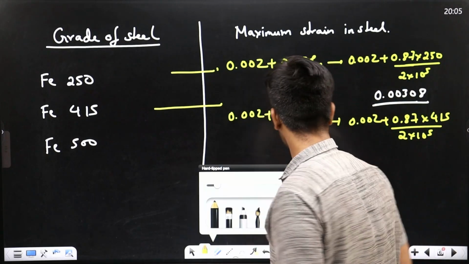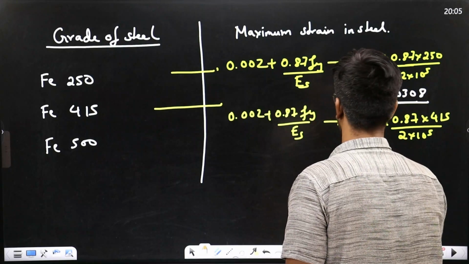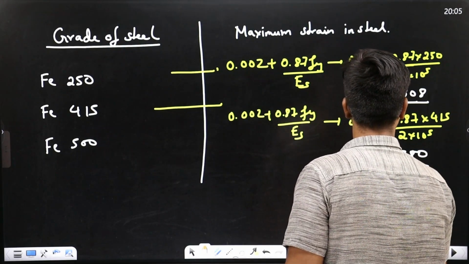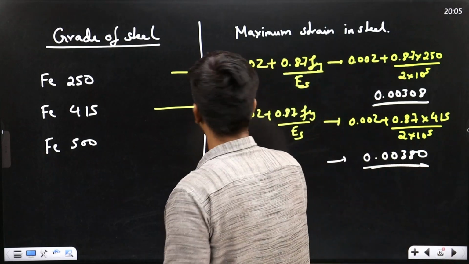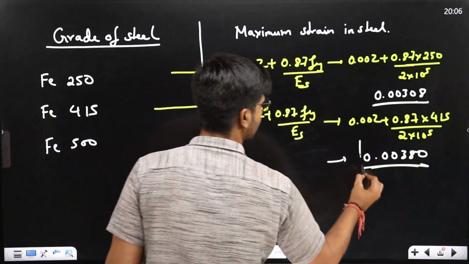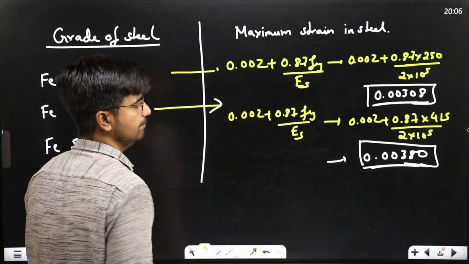By solving with your calculator, you will get 0.00388. This is your value for Fe415.